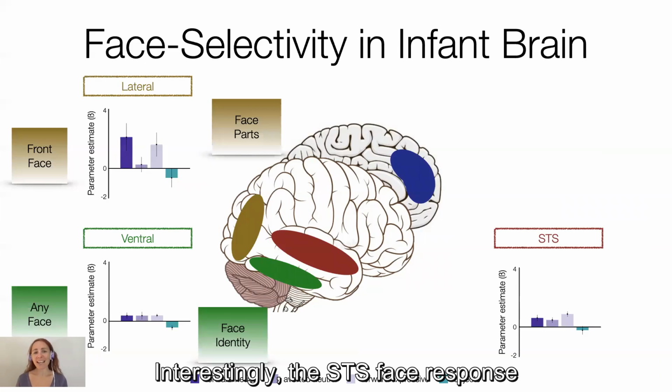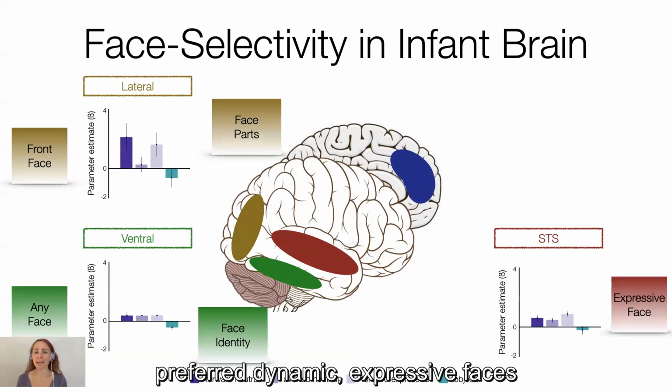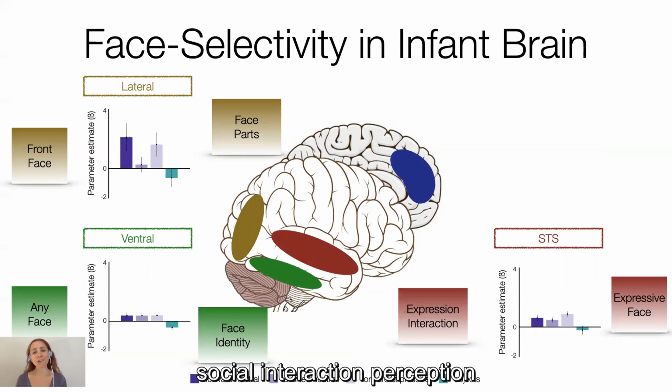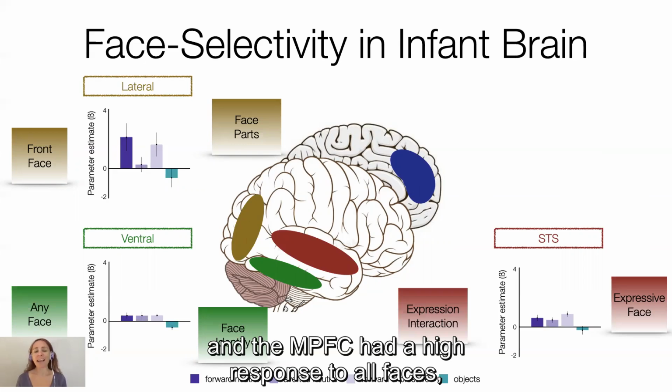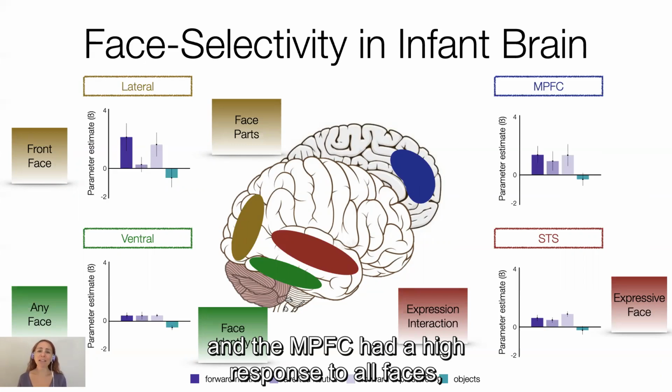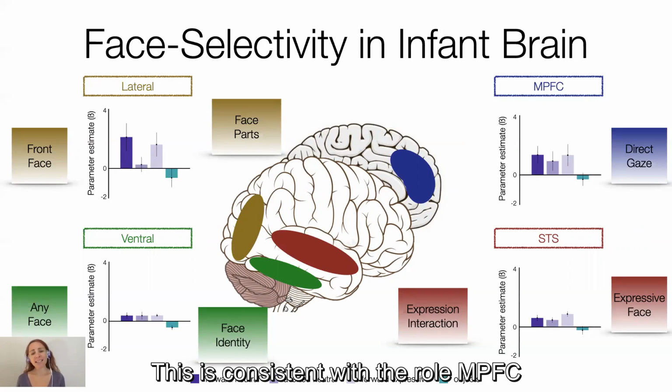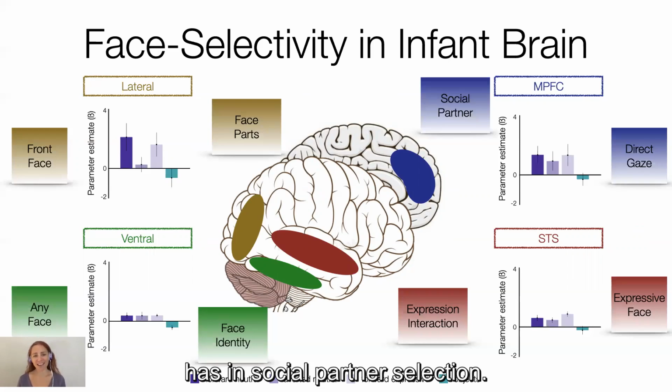Interestingly, the STS face response preferred dynamic, expressive faces, similar to the adult function of social interaction perception, and the MPFC had a high response to all faces, but had a slight preference for faces with a direct gaze. This is consistent with the role MPFC has in social partner selection.